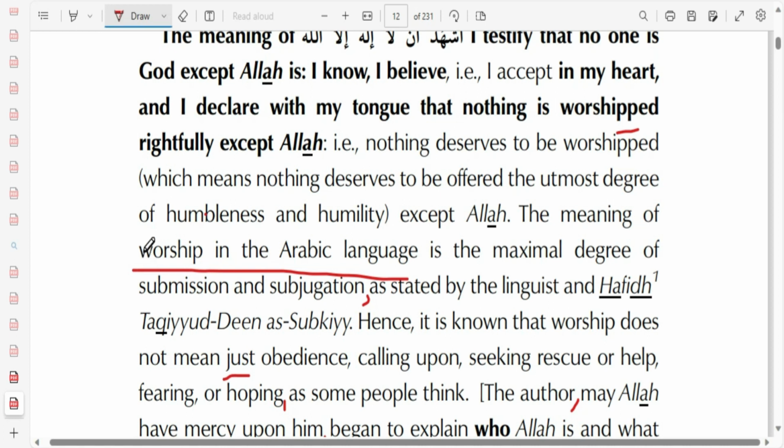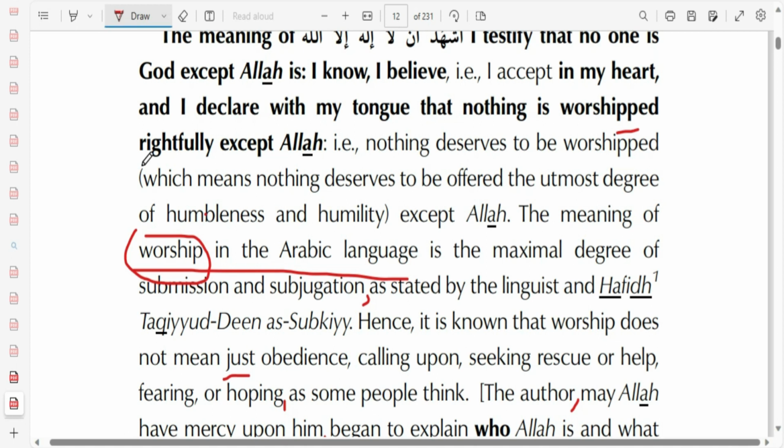Yeah, I underlined it because it says the meaning of worship in the Arabic language, but the word worship doesn't have a meaning in the Arabic language. The word worship is an English word. So the word that is in the Arabic language is ibadah.